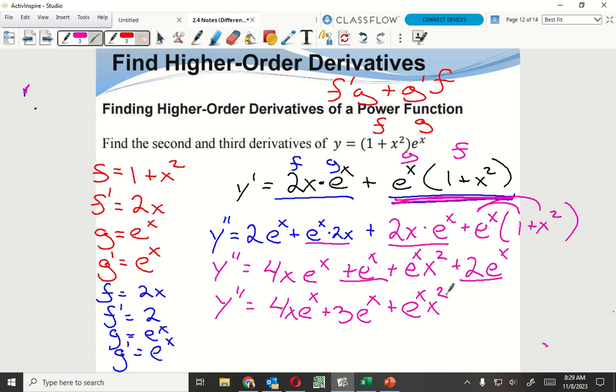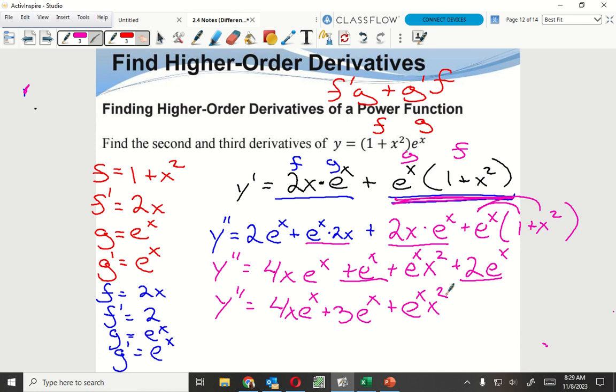And we need to go to the third derivative. So if I was to use this right here and say that this is a physics problem, when I would plug in x, that would give me my position.